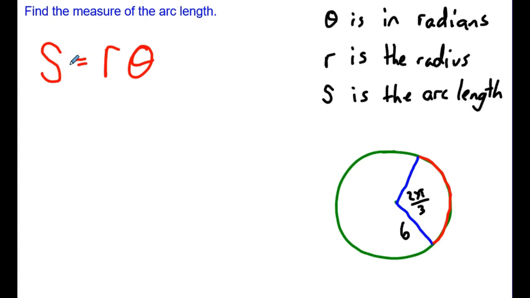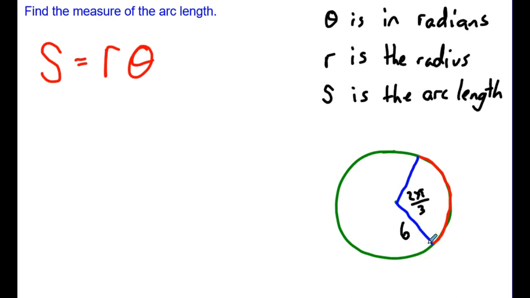Next, we're going to discuss the formula for the arc length if our measurement is in radians. We have S equals R times theta. This is the formula we use if theta is measured in radians, R is the radius, and S is the arc length. So suppose we have the circle. We're looking for this arc length created by this angle. We know the angle that is formed measured in radians, 2 pi over 3, and the radius of this circle is 6 units.